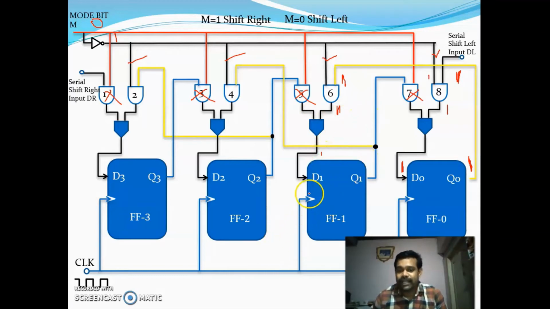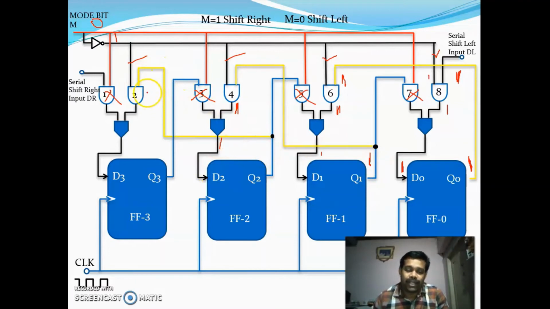So during the next clock, this flip flop will give the output of 1, and that 1 is connected to gate 4. So this AND gate will give an output of 1, and since one of the inputs of this OR gate is 1, its output is 1. So during the next clock, it is shifted to here.